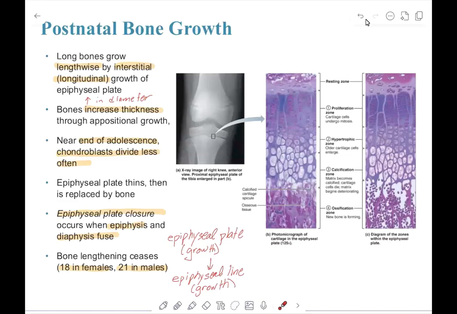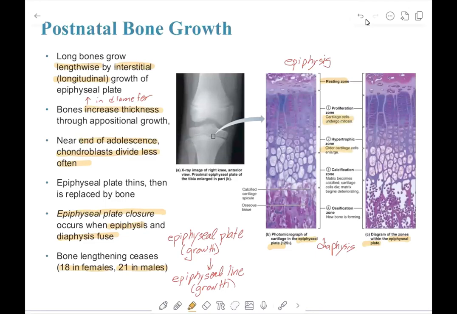So this is the epiphyseal plate that we see here. And there are 4 different zones. This would be the resting zone closest to the epiphysis, and the ossification zone would be closest to the diaphysis. So there's a growth zone where the cartilage undergoes mitosis.